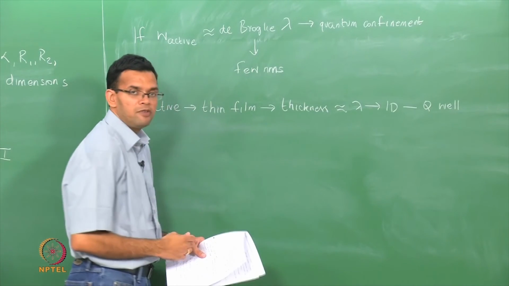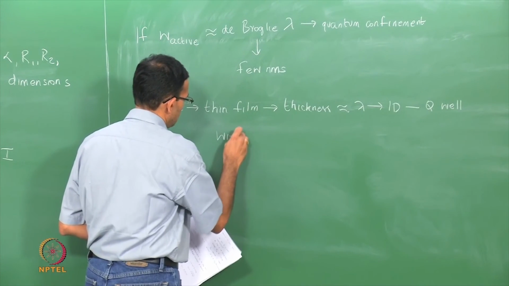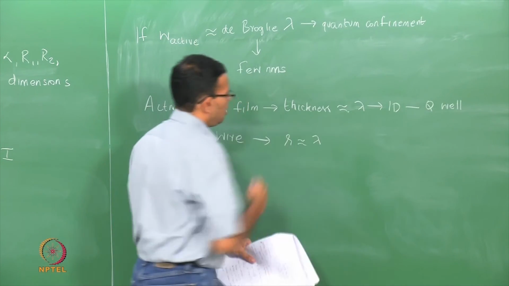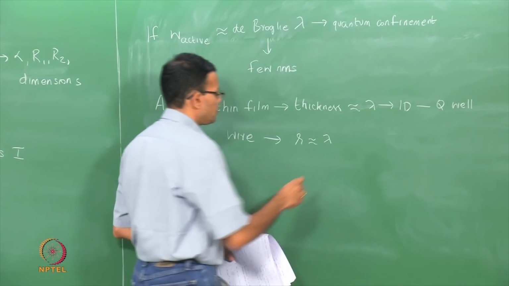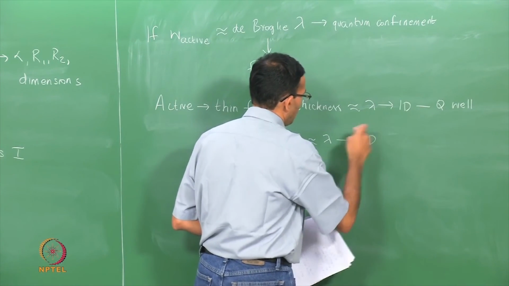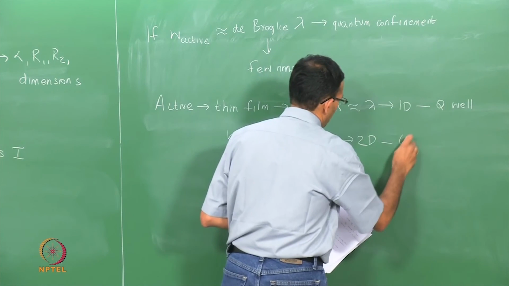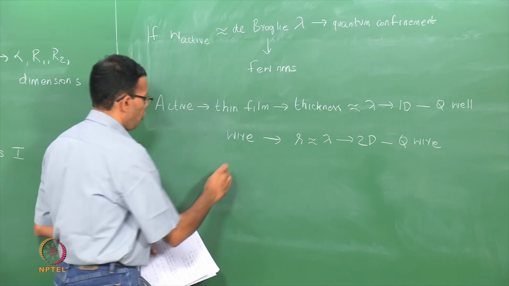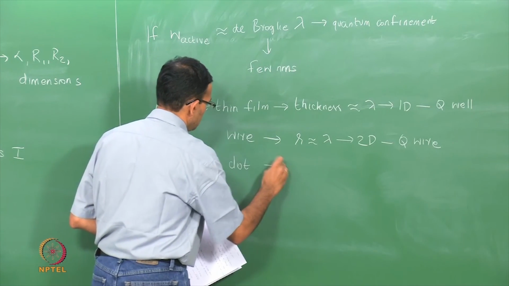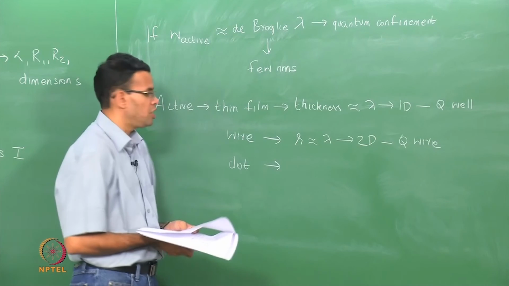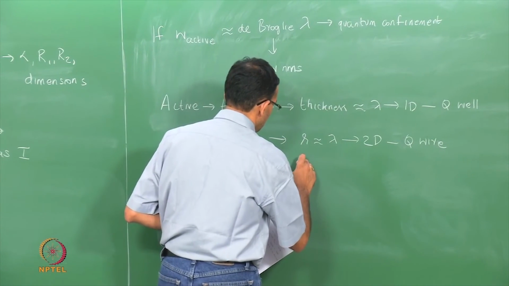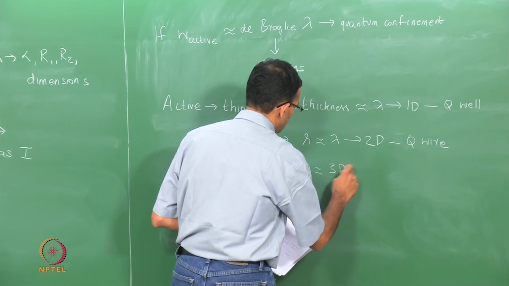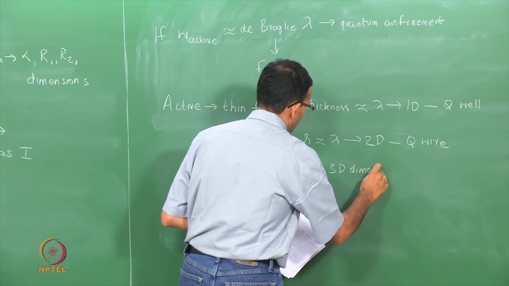On the other hand, if it is in the form of a wire, where your radius of the wire is of the order of lambda, that is a case of 2D quantum confinement, that is your quantum wire. And if it is in the form of a dot, then all 3 dimensions are of the order of lambda.